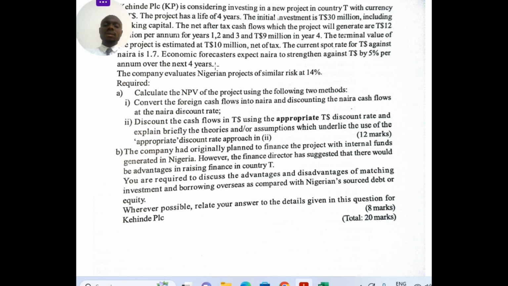Are we together, please? The economy is expected to strengthen the Naira against TS by 5%, so we are going to increase the exchange rate by 5% in year one, year two, year three, and year four. Now, let's start with that.